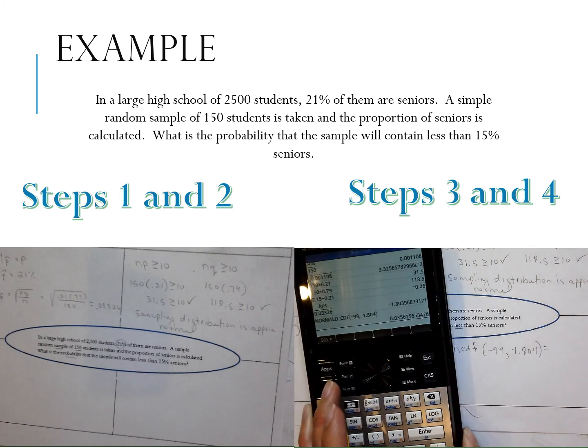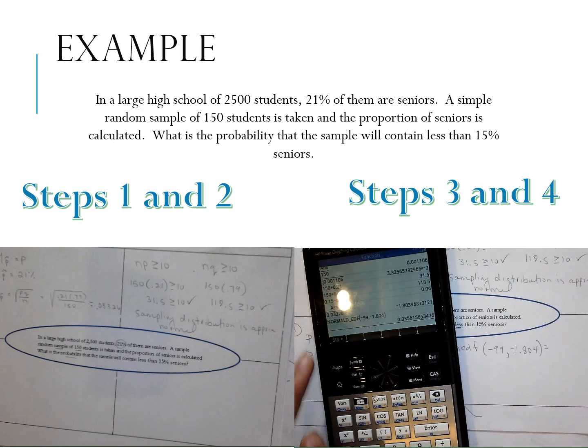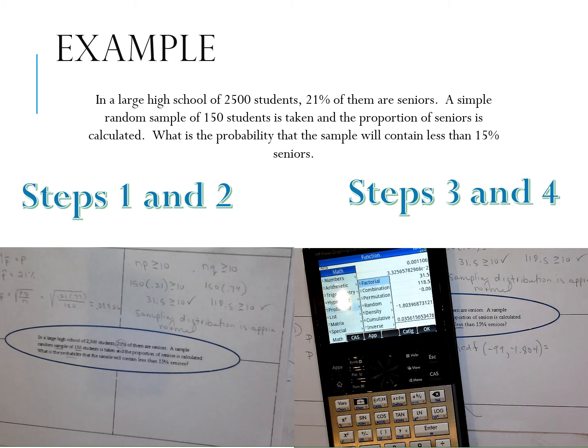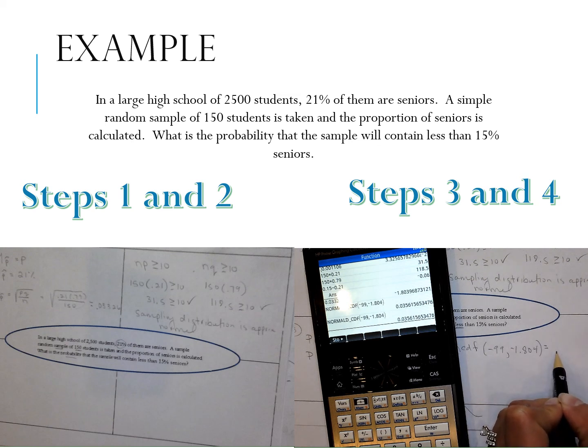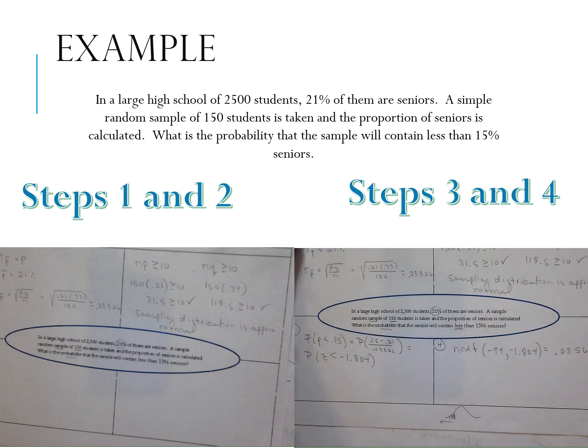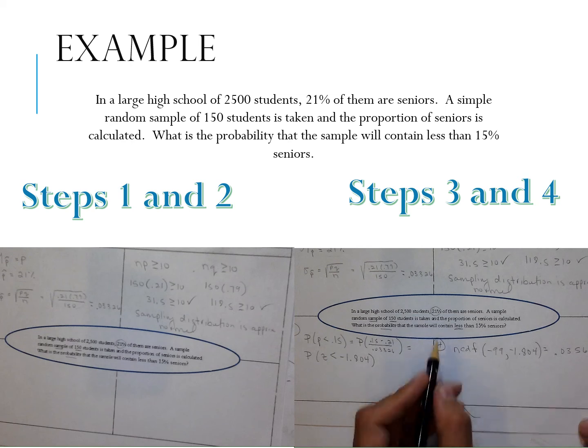We're going to go, I already have it on here, but toolbox, probability, cumulative, normal, and you should see normal CDF, and we're going to do negative 99 to negative 1.804, equals, and that gives me a probability of 0.0356.